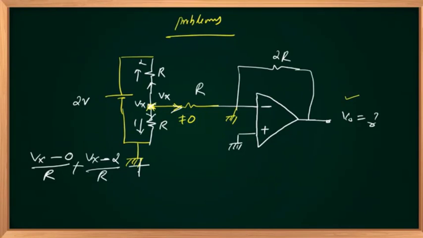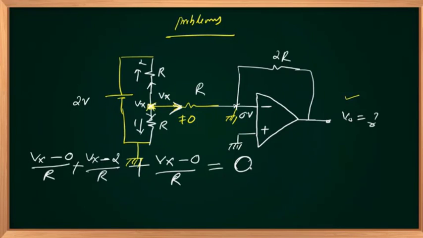The third branch current is Vx minus 0 by R, since the potential there is 0 volts. All leaving currents should sum to 0.